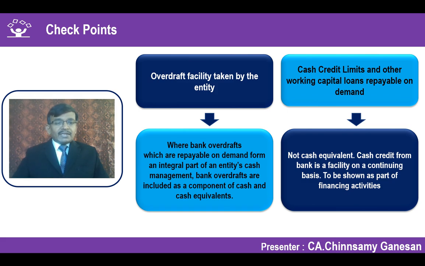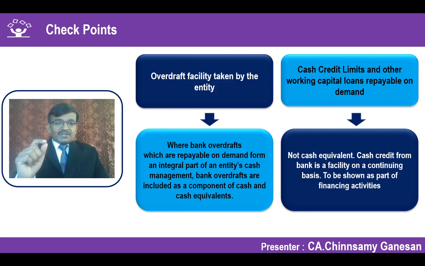In fact, in one case where a PSU presented its financial statements, it had some working capital limits, which are cash credit limits. After the audit was completed, the C&AG, when they made a supplemental audit, specifically questioned the logic of showing the cash credit limits as part of the financing activity.